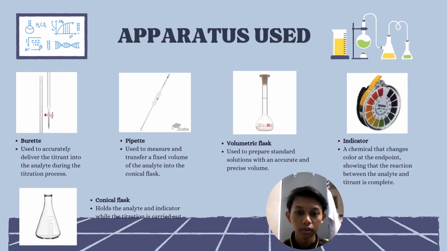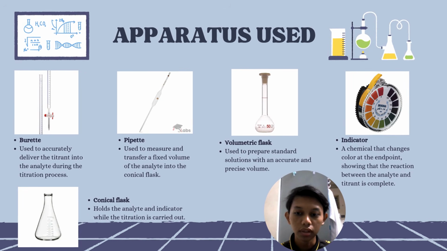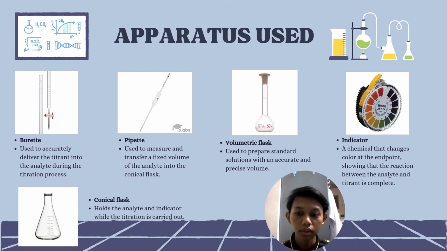Apparatus used. Firstly, burette. Burette is used to accurately deliver the titrant into the analyte during the titration process. Next, pipette. Pipette is used to measure and transfer a fixed volume of the analyte into the conical flask. Volumetric flask is used to prepare standard solution with an accurate and precise volume.